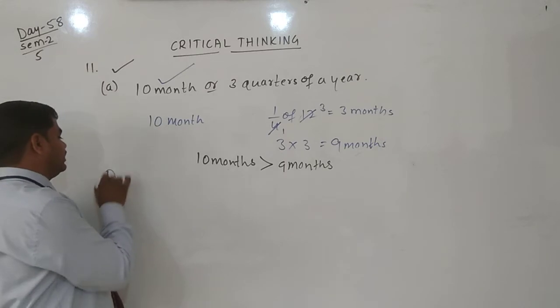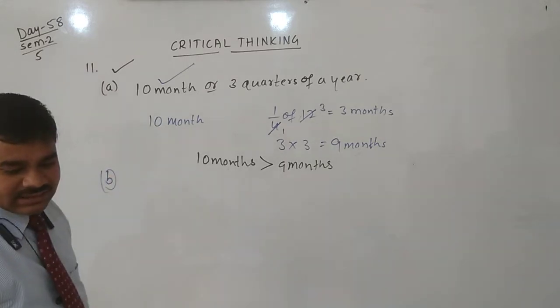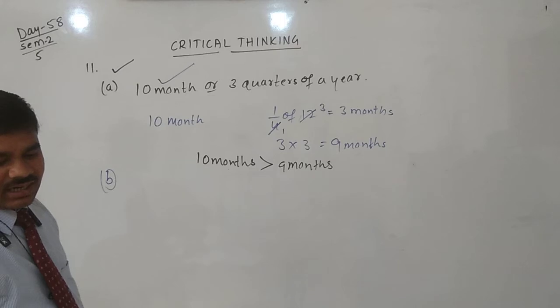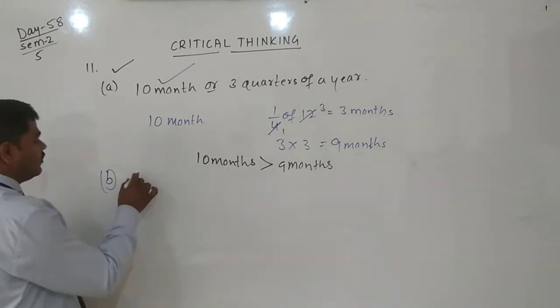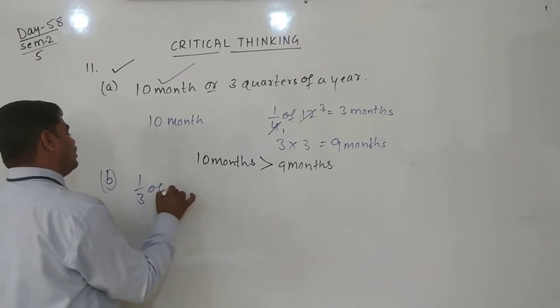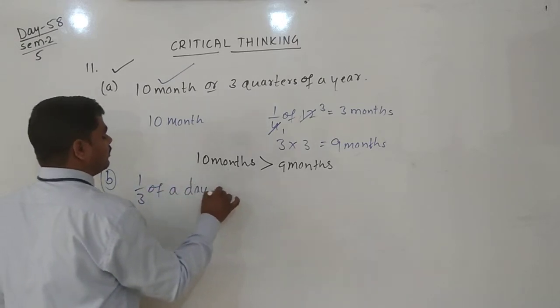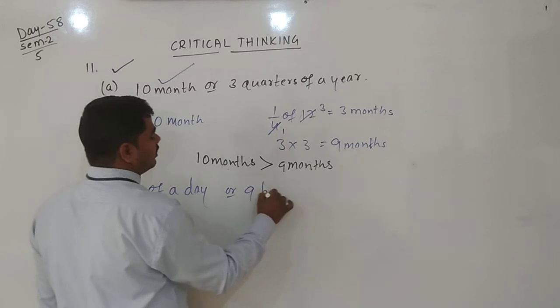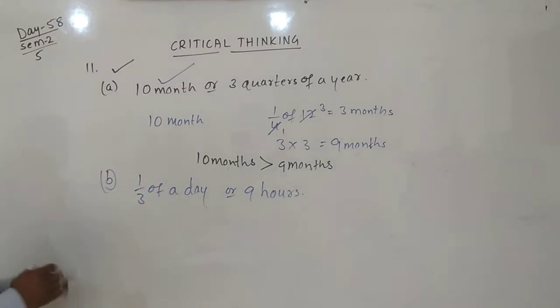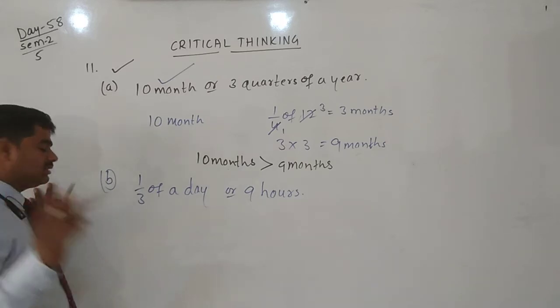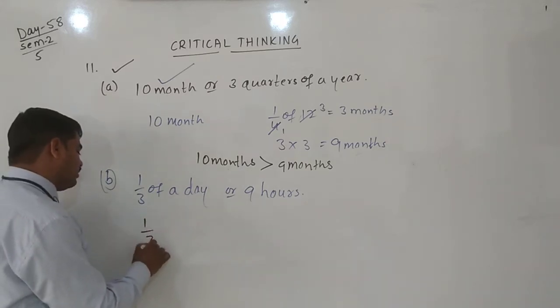Yes, B question. B: 1/3 of a day or 9 hours. Compare 9 hours and 1/3 of a day. One day has how many hours? Good, 24 hours.